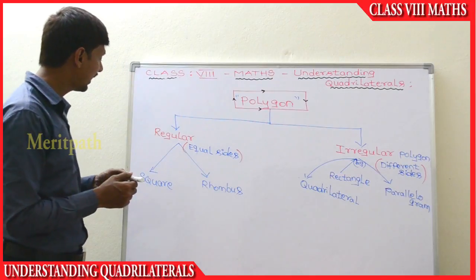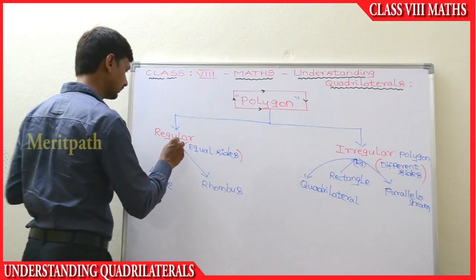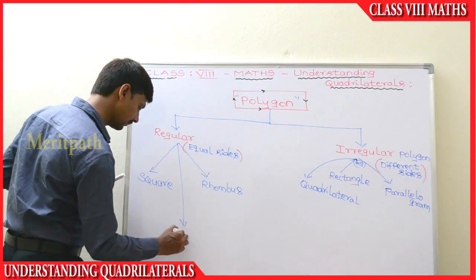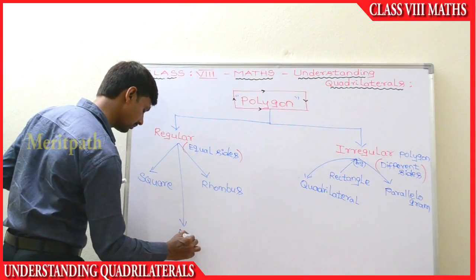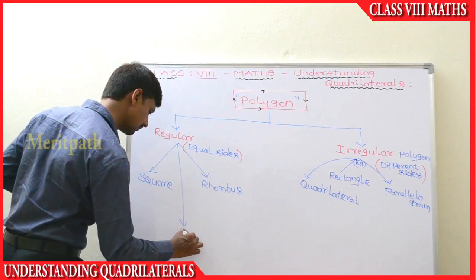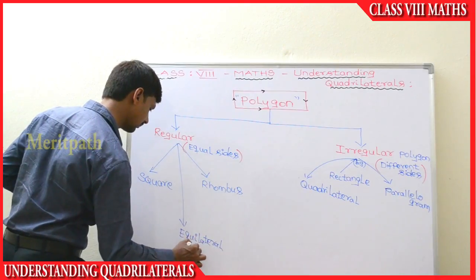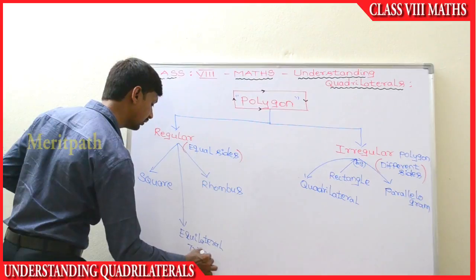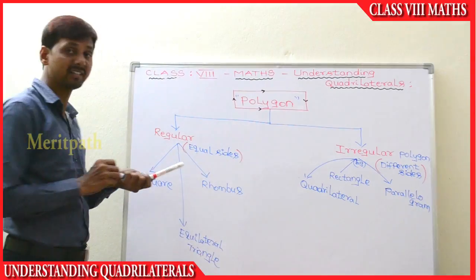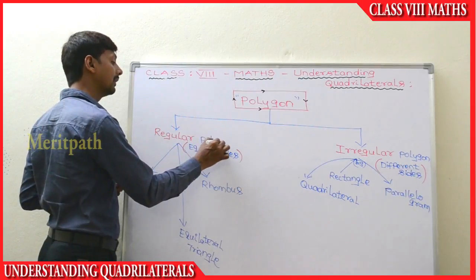And here, square, rhombus, and equilateral triangle are all called regular polygons because the sides of the polygon are equal.